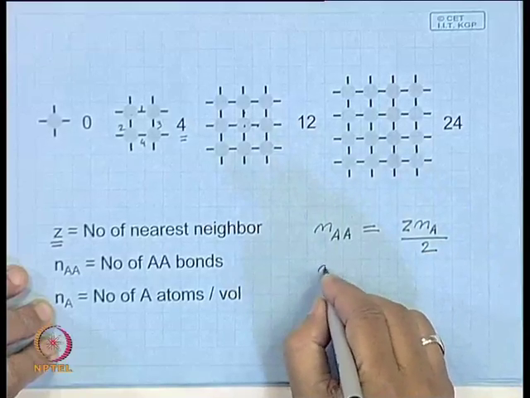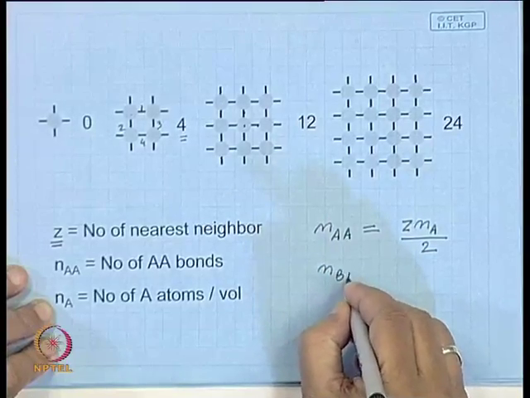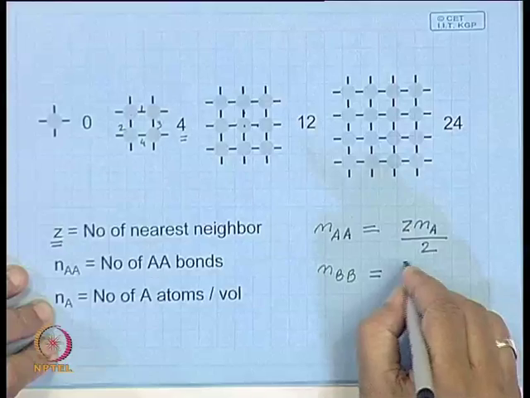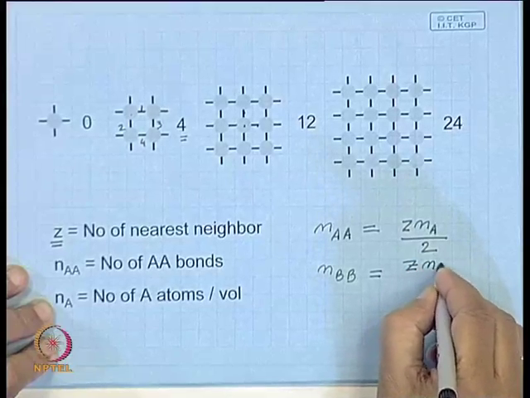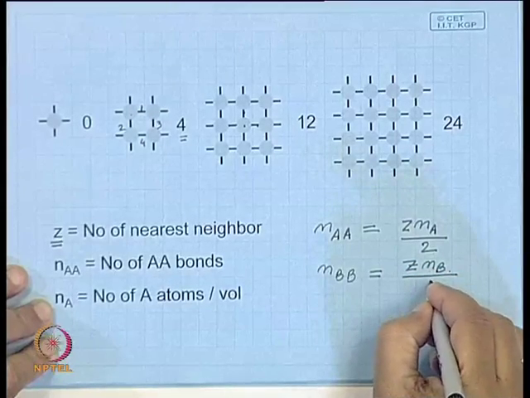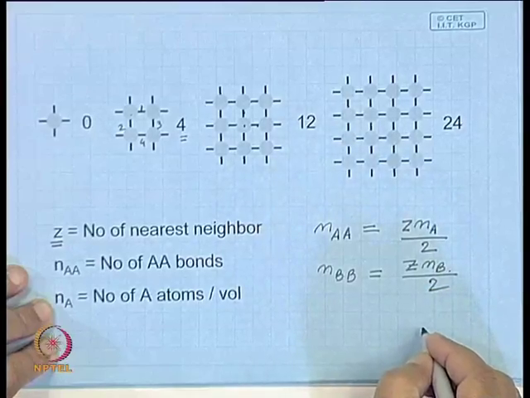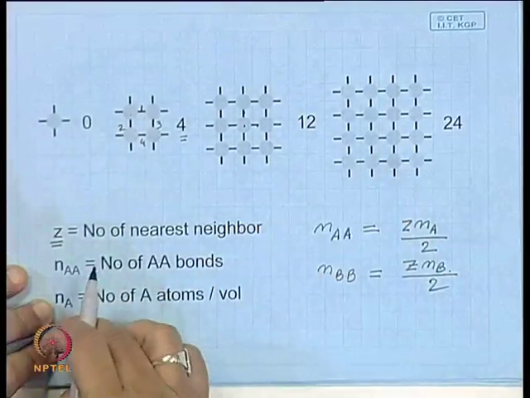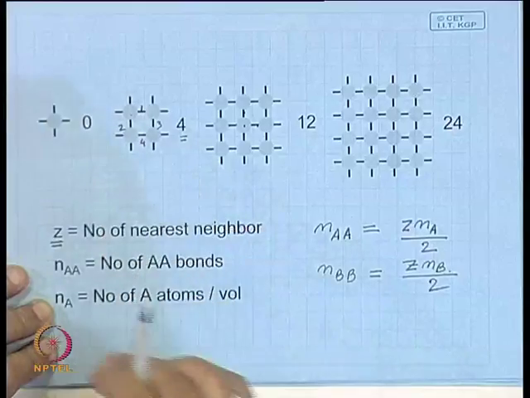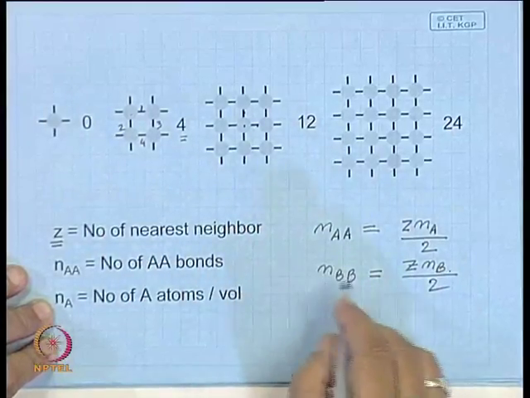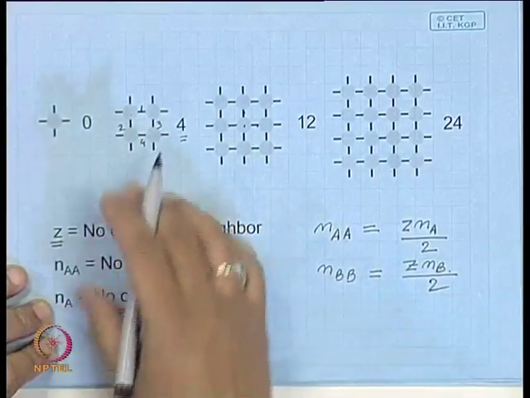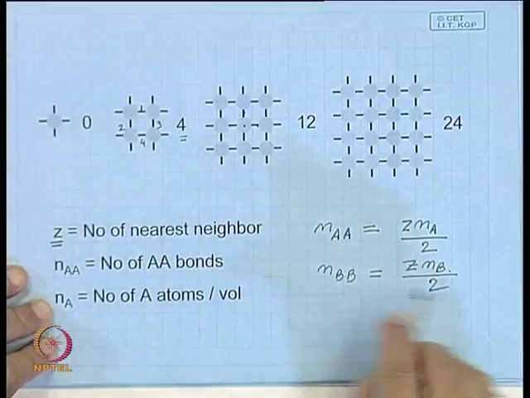Similarly, you can find the number of BB bonds, this will be Z times N_B over 2. And now, if you mix these together, then how will you find out the total number of bonds?